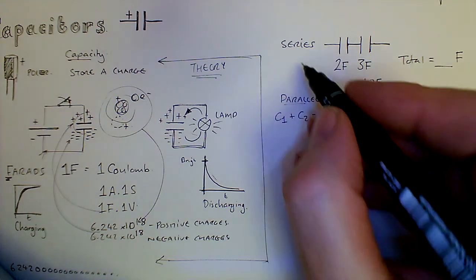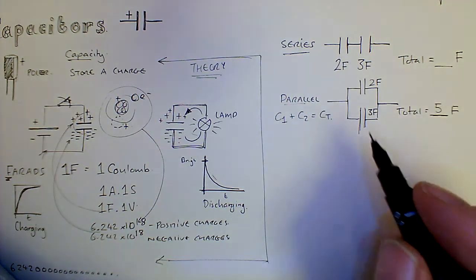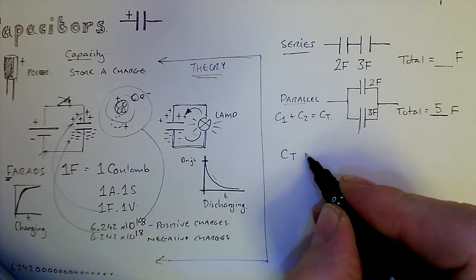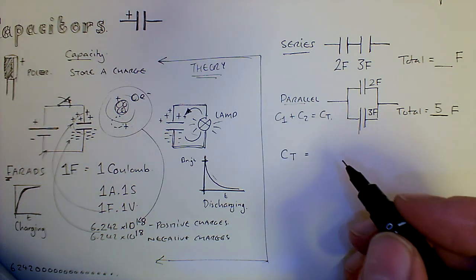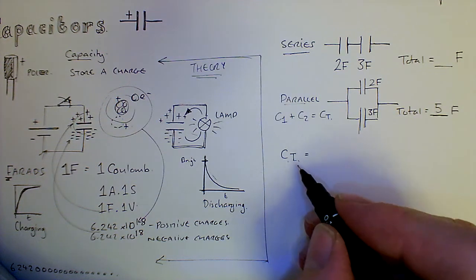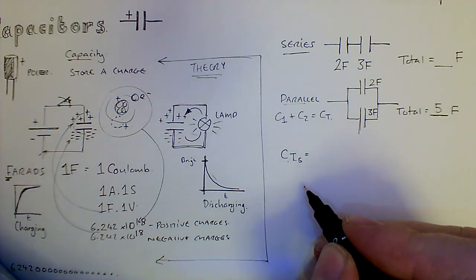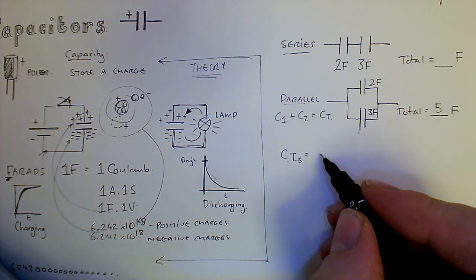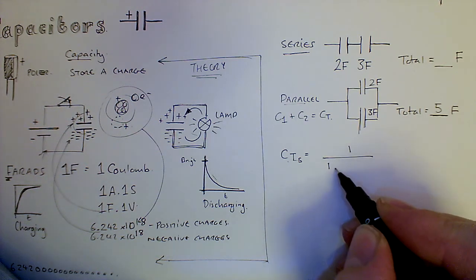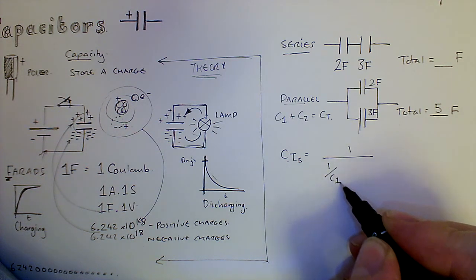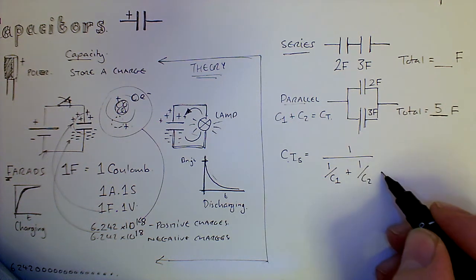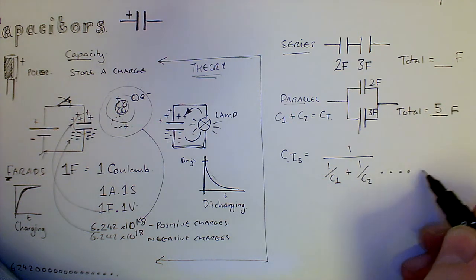Whereas in series, these actually operate very similar to resistors in parallel. So the equation for capacitance total in series is 1 divided by capacitor 1, added to 1 divided by capacitor 2, and obviously that would continue.